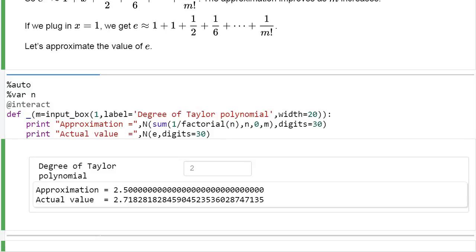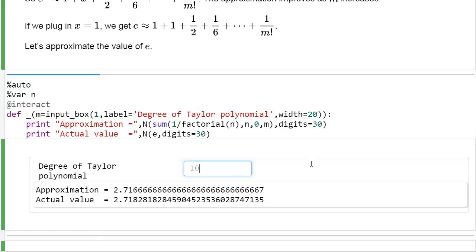So anyway, the degree 2 Taylor polynomial, the quadratic approximation, gives us 2.5. So you see we're kind of getting closer. So let's change this to 3. Now we got 2.6 repeating, so 2 2/3. We're getting closer. Here's degree 4. Now we got 2.7 and degree 5 polynomial. We got the first 2 decimal places now, 2.71.